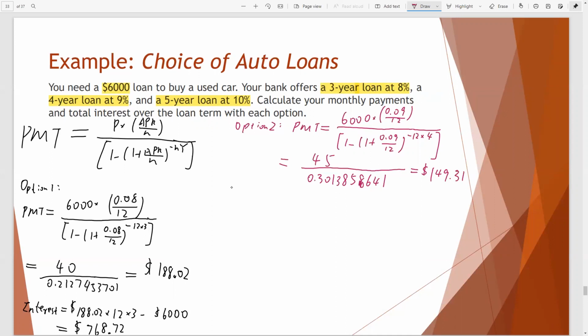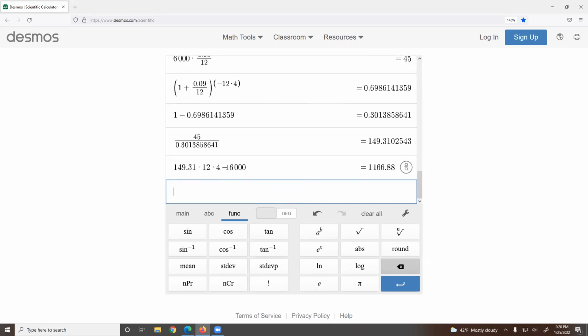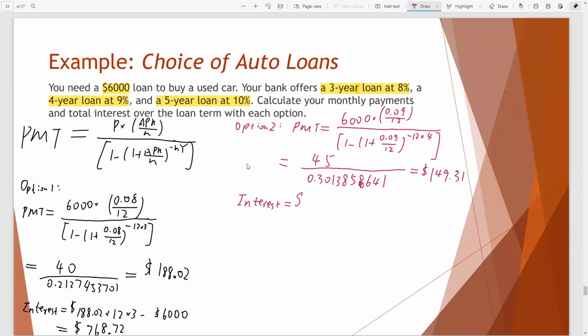All right. Looks like the monthly payment is lower, right? But let's see how much interest is paid. $149.31, 12 payments for 4 years, minus your original $6,000 principal.